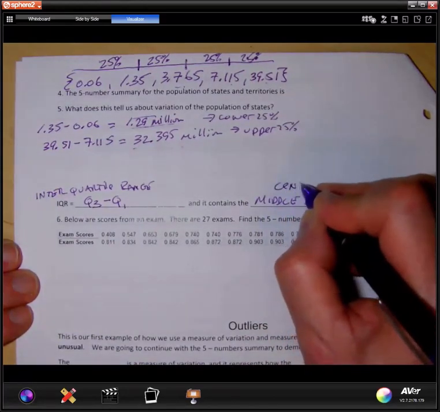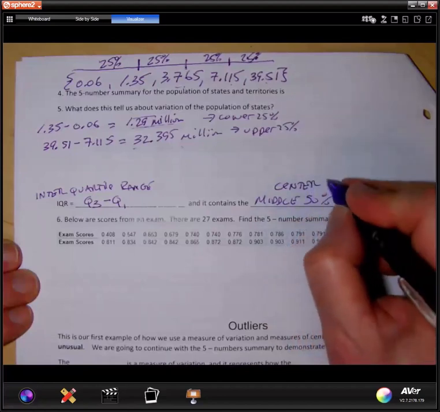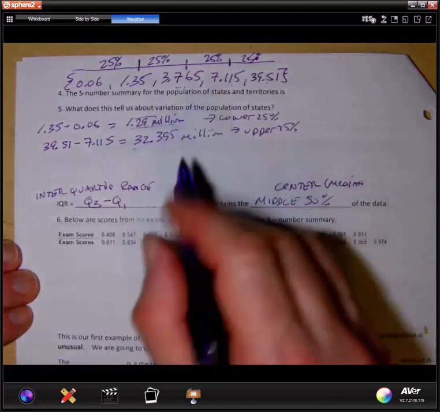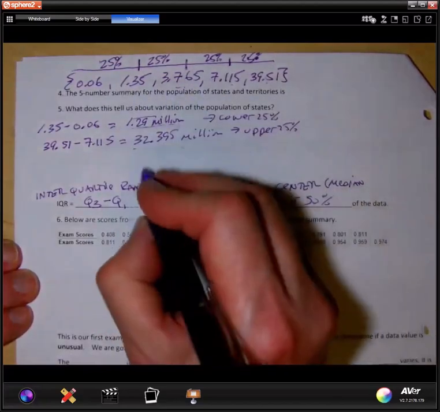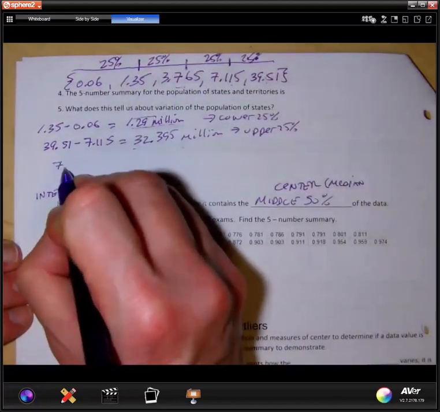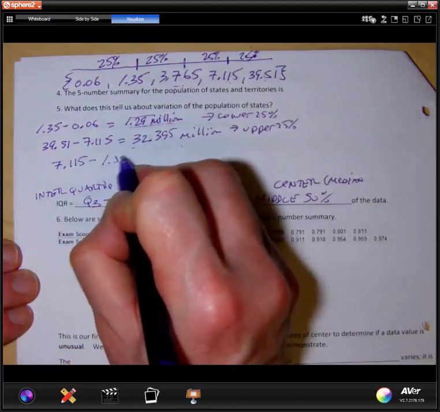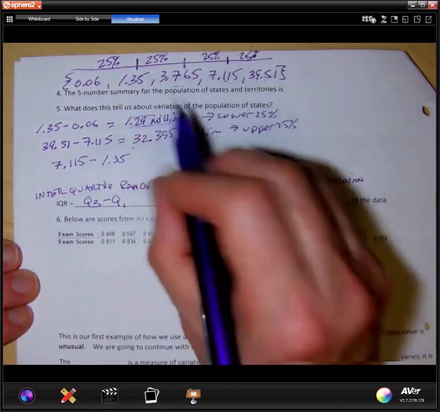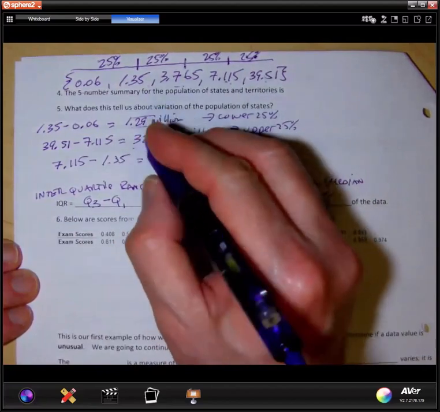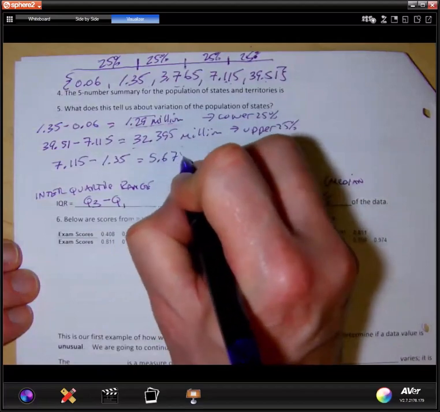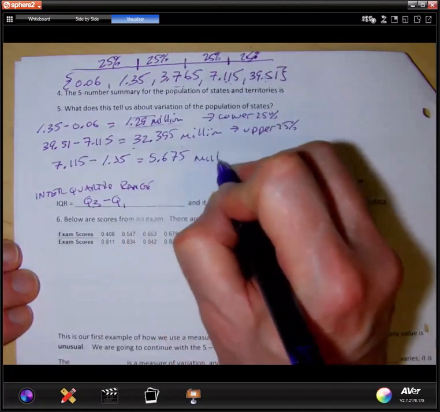So notice this is where the center is located, which is the median. If I looked at, for this particular data set, Q3 minus Q1, I would get 5.675 million.